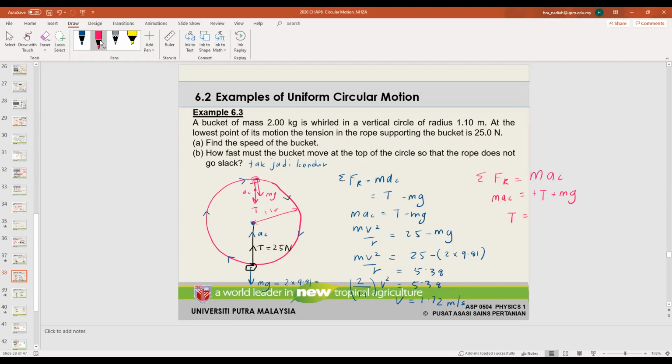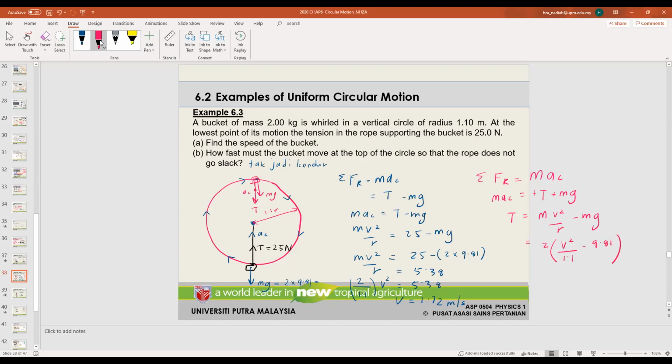So T is equal to mv squared over r minus mg. So this is 2v squared over r, 1.1 minus 9.81.